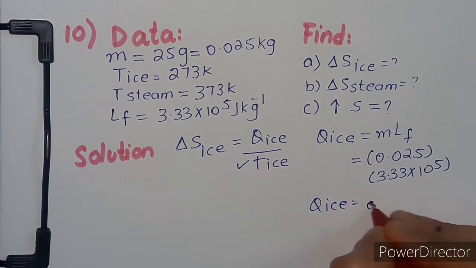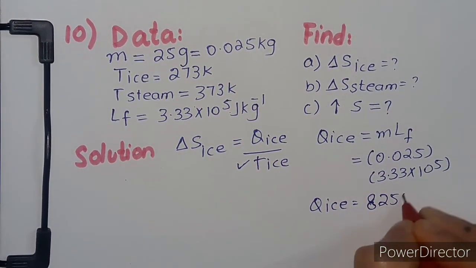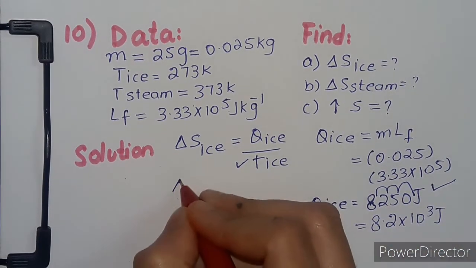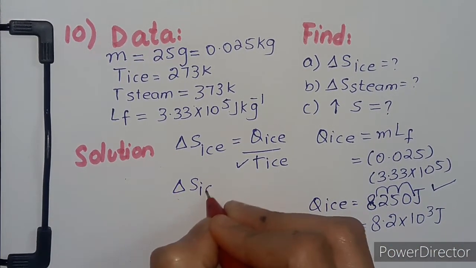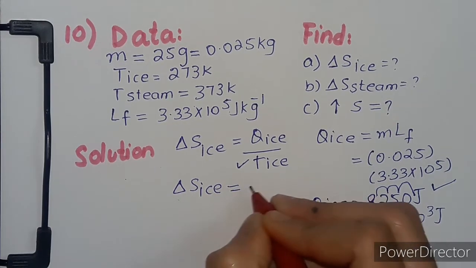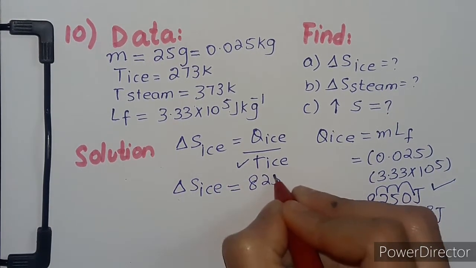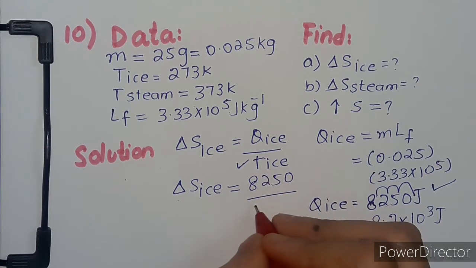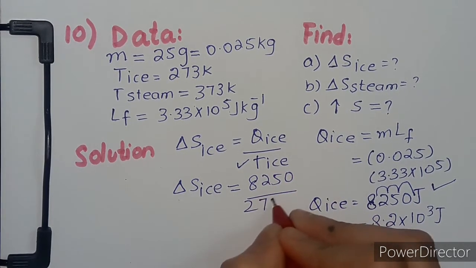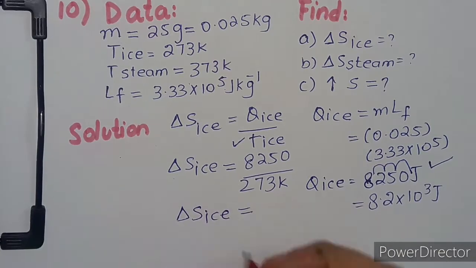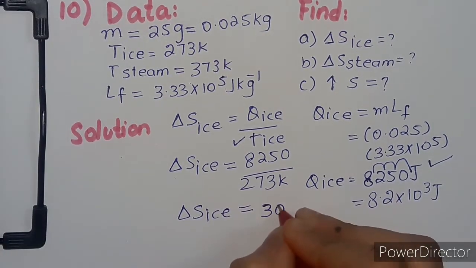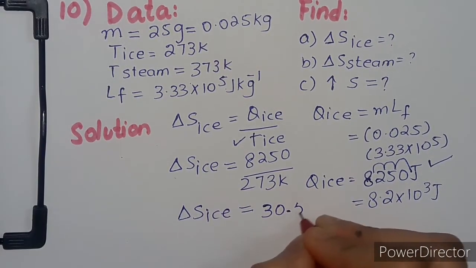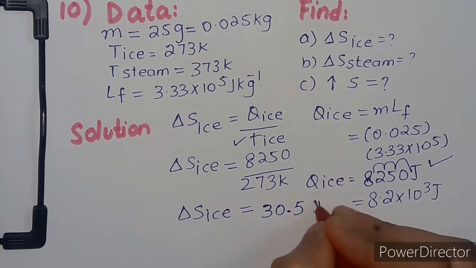We get the value 8250 joule. So del S for ice is equal to 8250 divided by temperature 273 Kelvin. Now we get the answer 30.5 joule per Kelvin.